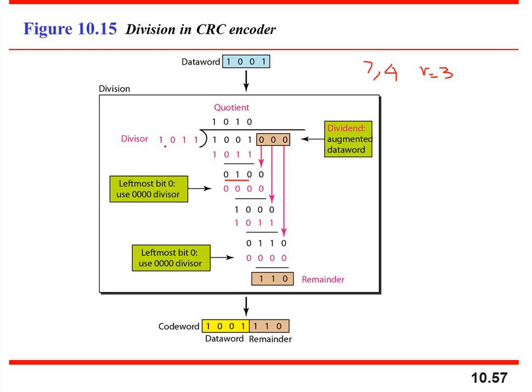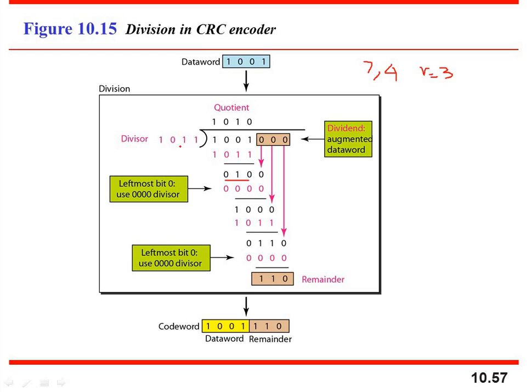Now this is a 4-bit divisor, so you should have an equal number of bits, so you borrow one bit from the upper side. So this word will be 0100. Now, the number starts with 0, so you simply multiply it by 0.